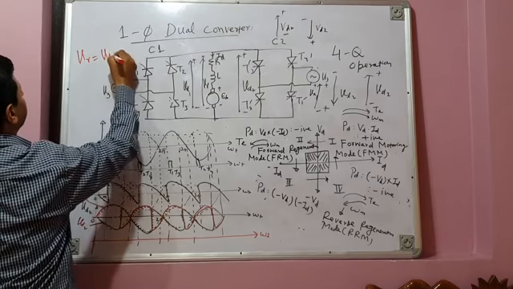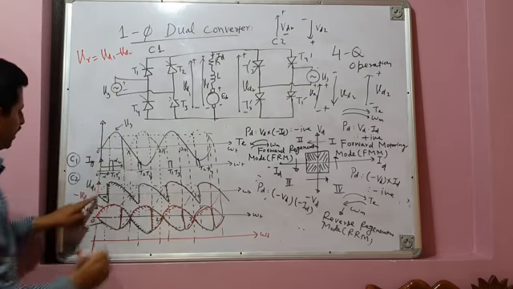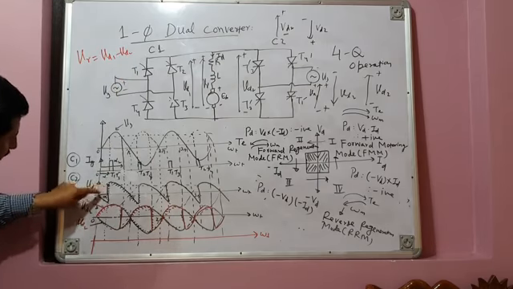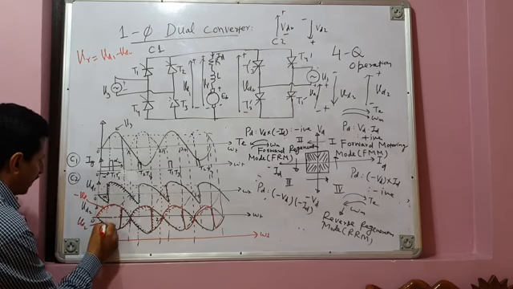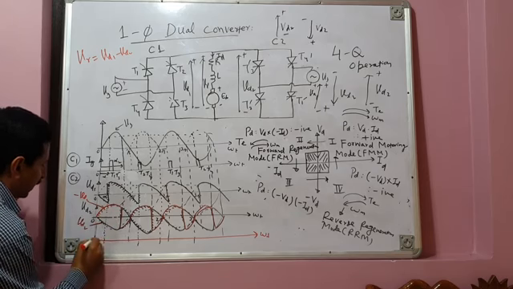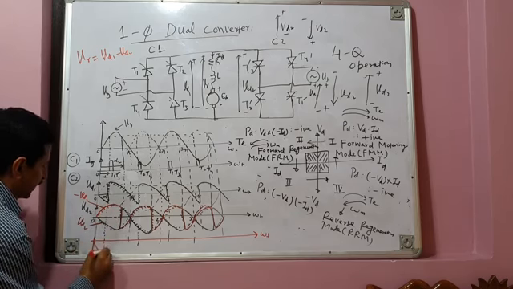VR is equal to VD1 minus VD2. From here to here, this is my VD1, and from here to here this is VD2. What is VD1? It is minus VD2, plus minus, so it is VD1 which is minus this, so the minus will come, it will be something like this. So I am now drawing VR, the resultant voltage, which is VD1 minus VD2.